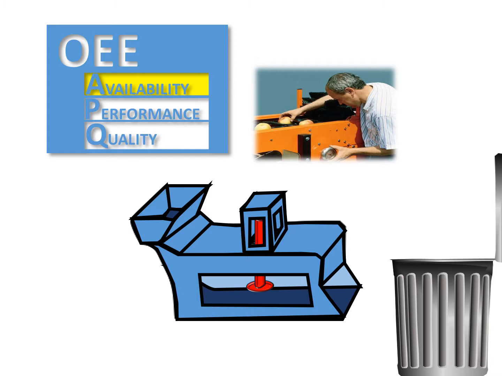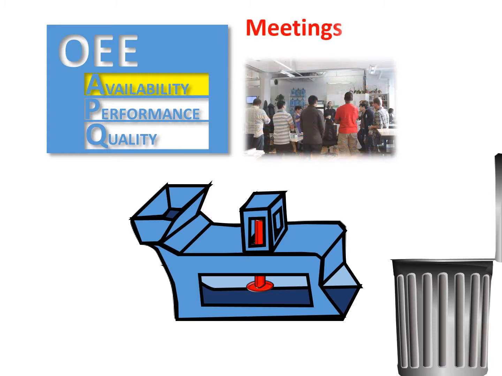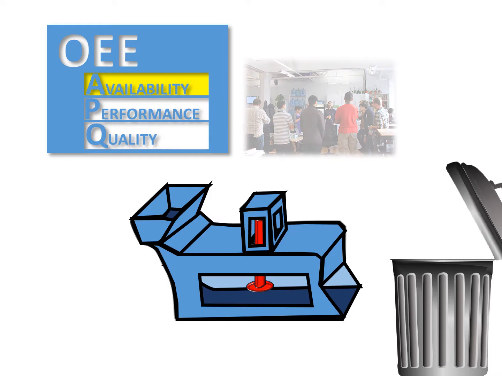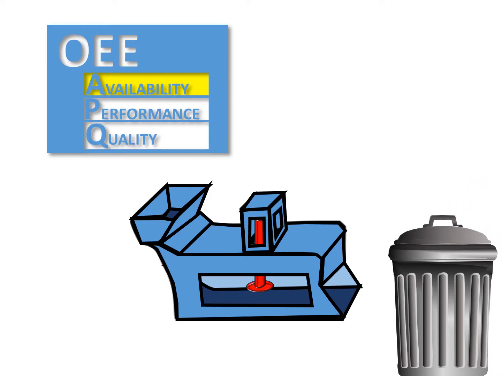Both the unacceptable parts produced and the lost capacity, as changes are being made, need to be considered. Time that the machine is not scheduled for production, such as unexpected meetings, fire drills, and such events, should also be taken into account for OEE. Though necessary, each has its effect on production.